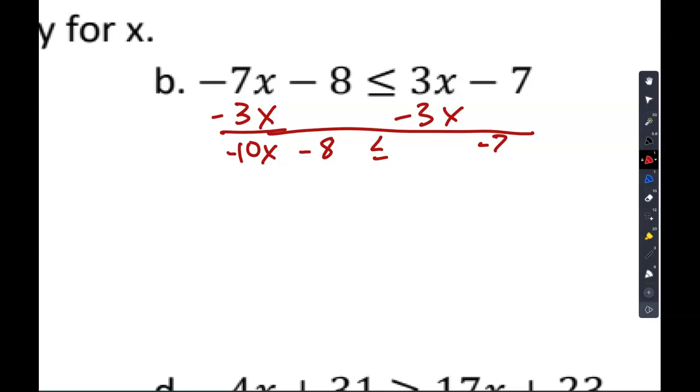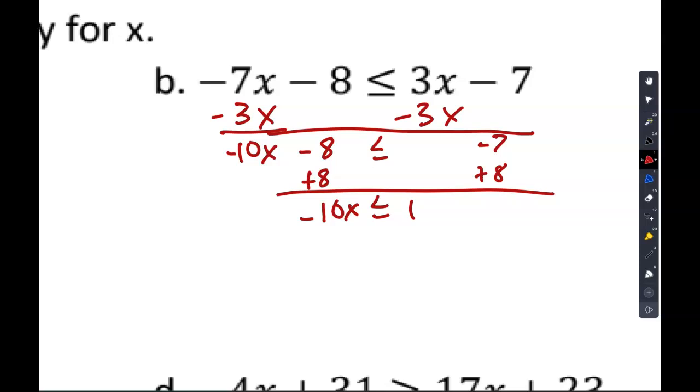All right, now I'm going to move the numbers to the right and do the opposite of minus 8 and add 8 on both sides here. And that's going to get me negative 10x less than or equal to negative 7 plus 8, which is 1.